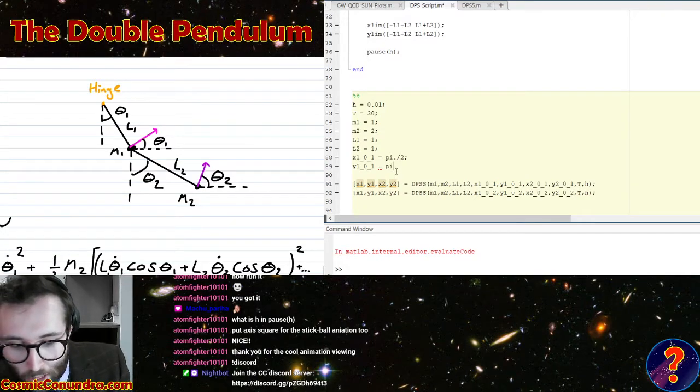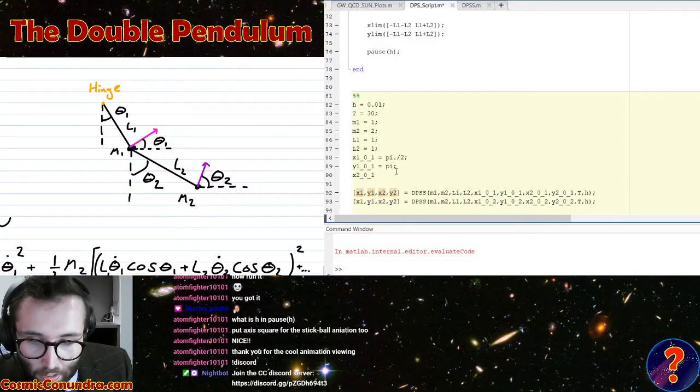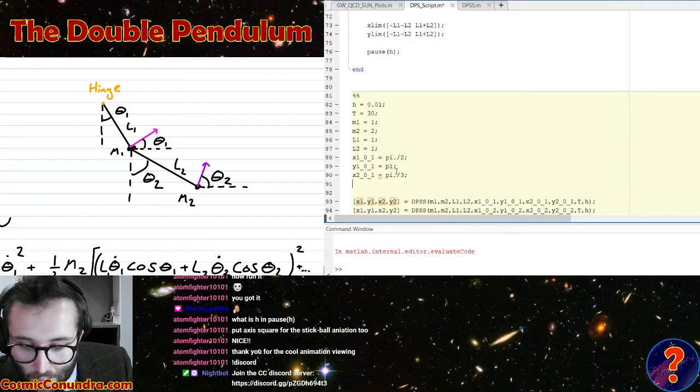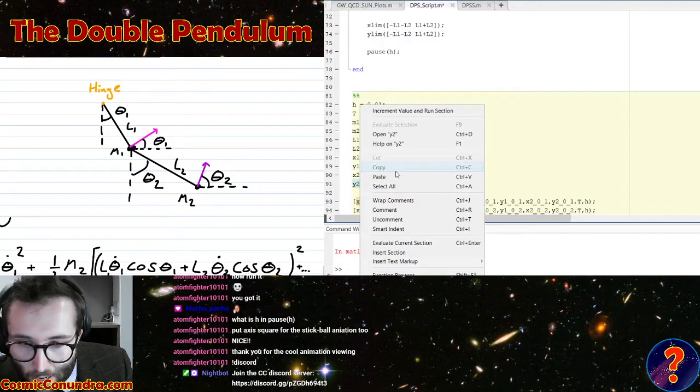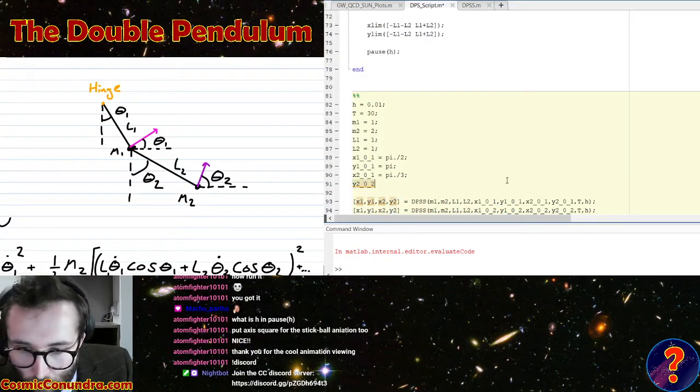So that was pi. The initial position of the second mass for this first set of initial conditions was pi over 3. And the initial speed for that second mass was 0. We set it as.